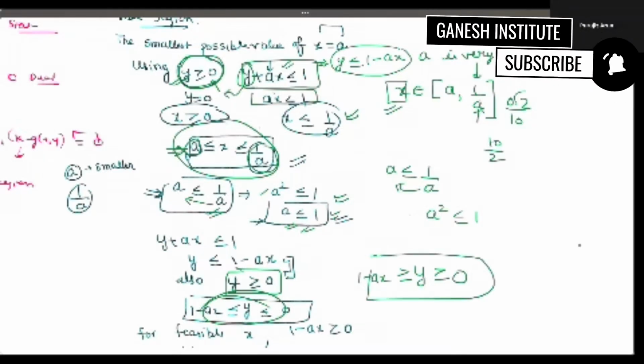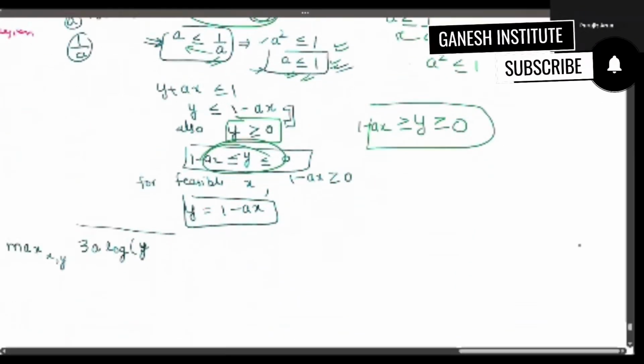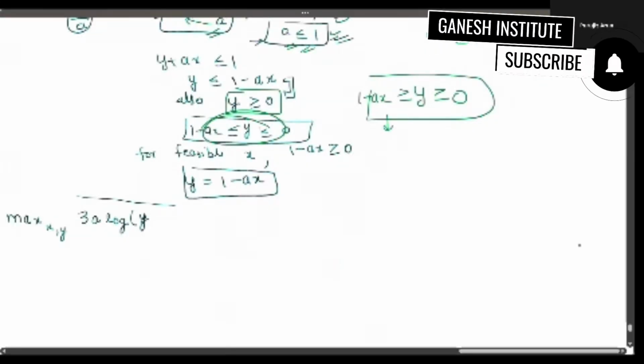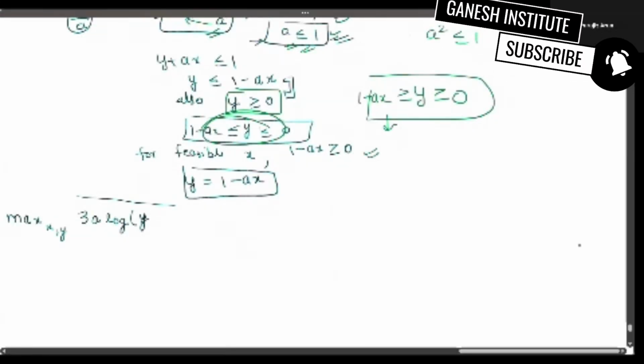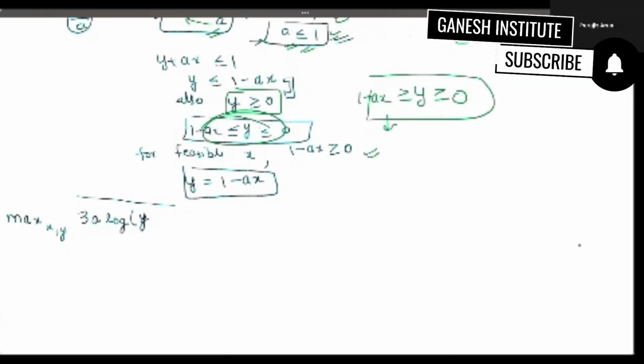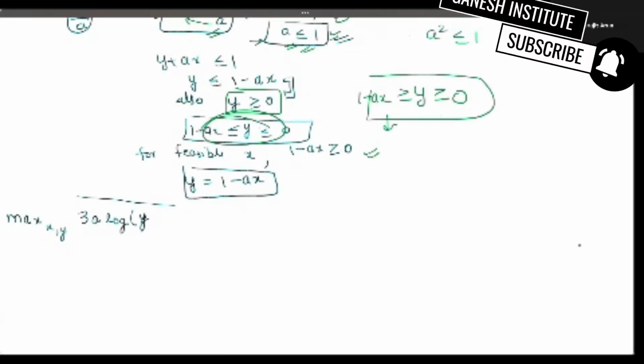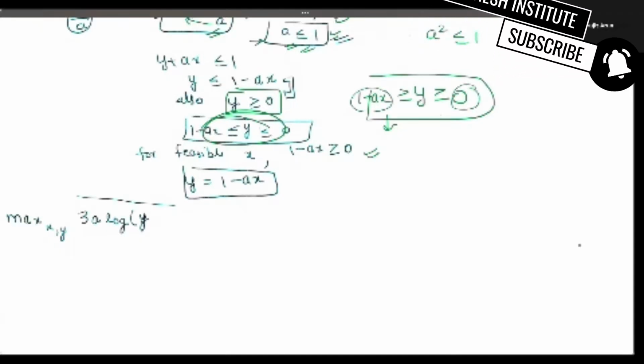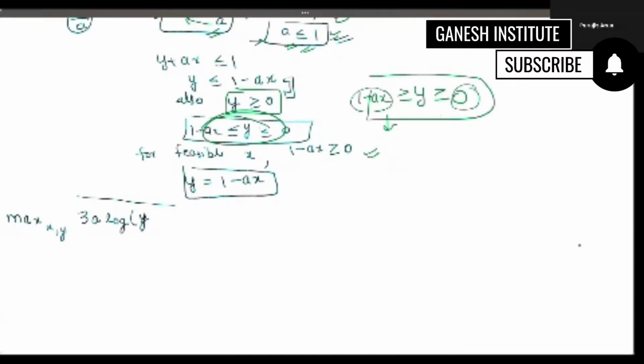So this is the range for y. Is this fine? What does it mean? That 1 minus ax is greater than 0. How, ma'am?